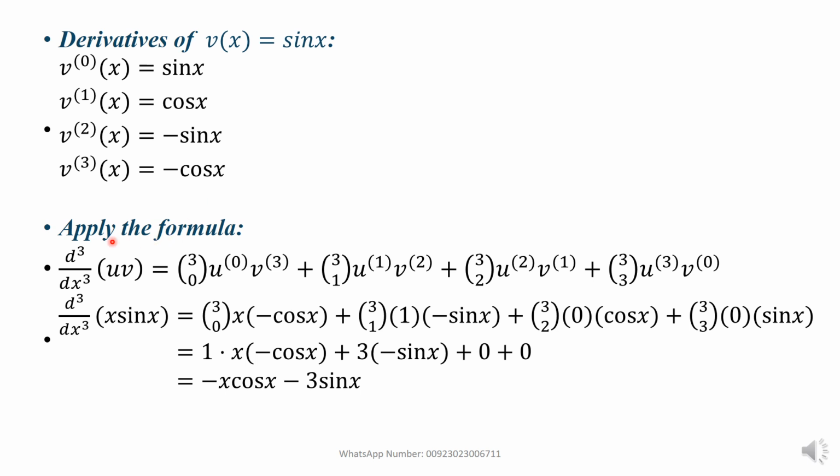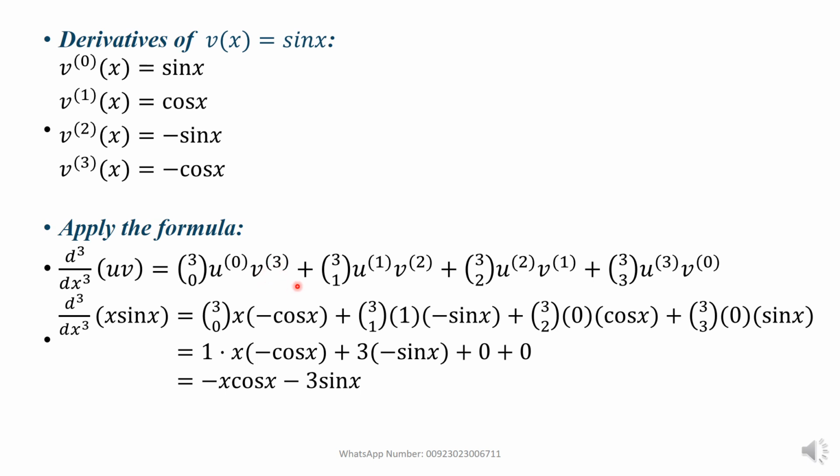Now we apply the formula. Now d3 upon dx power 3 of u dot v is the formula, equal to, because here 3 is given, then you write 3. Initially we start with 0, u0 and v3.